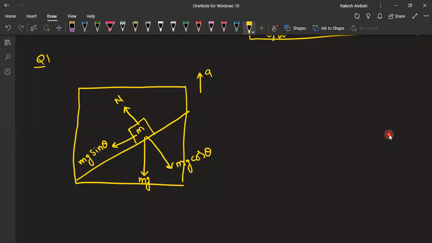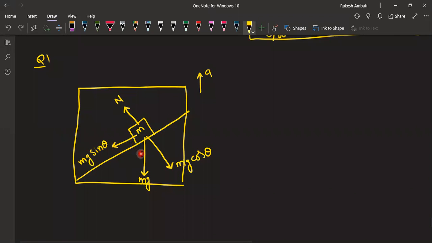But in this question, the frame is moving upwards with acceleration. So what type of frame it is? So it is a non-inertial frame because it has acceleration. In the case of non-inertial frame, along with real forces, also we have to consider a pseudo force.